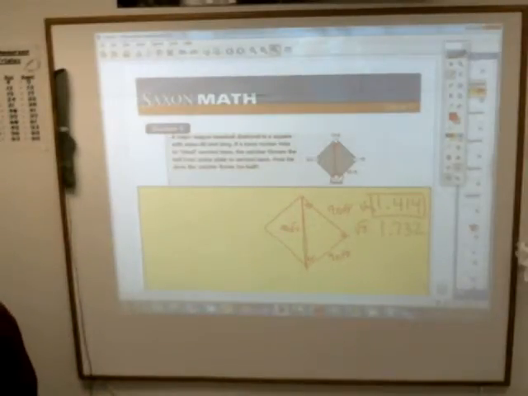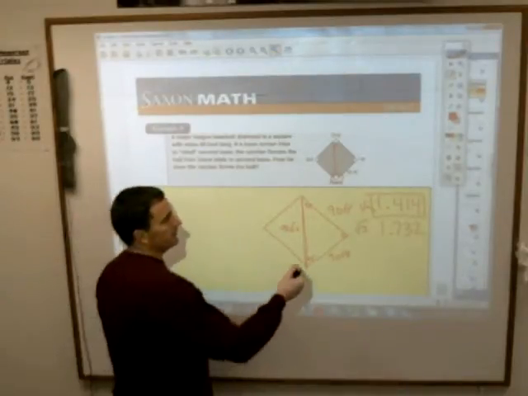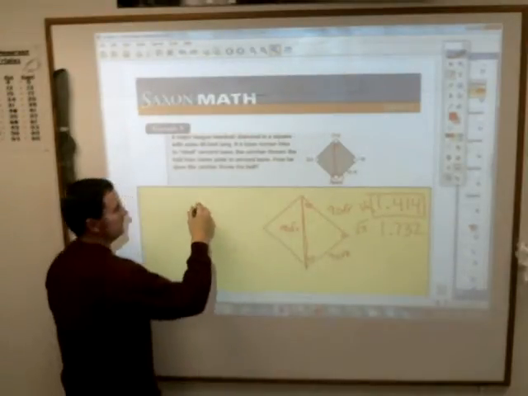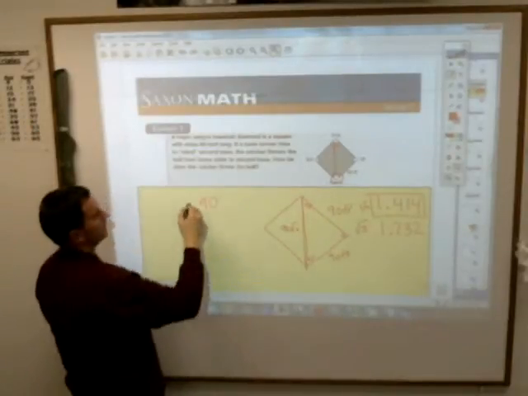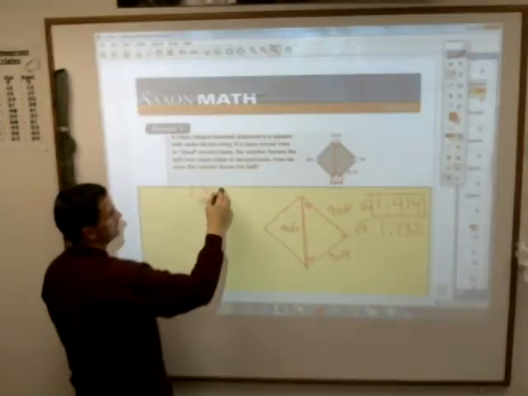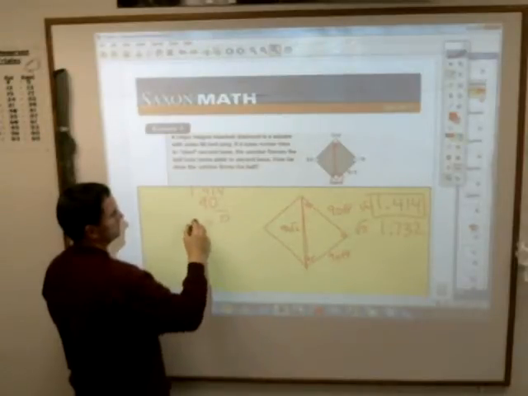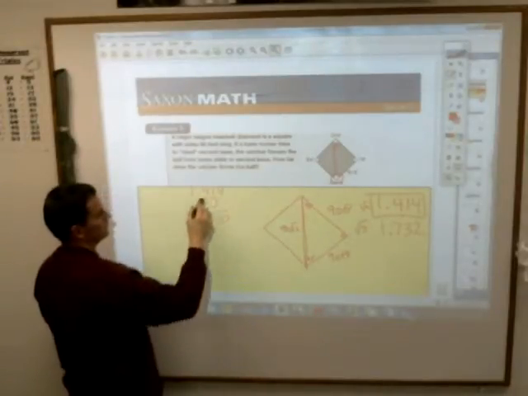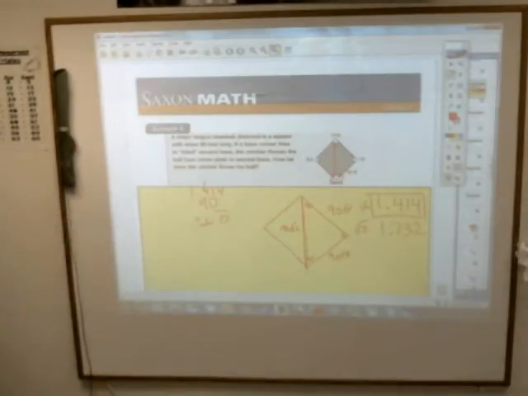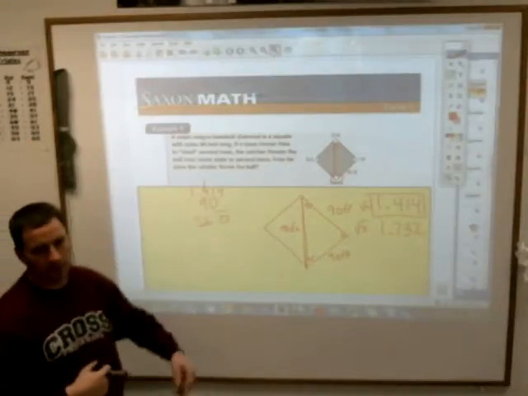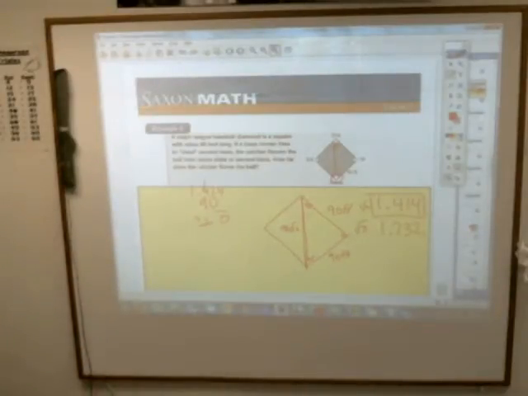You just need to know it, because if they had asked you how far that is to the nearest foot, you would actually have to take 90 feet and multiply it by 1.414. You know it's going to be almost 120 feet, because if it were 1.5, that'd be 135 feet.